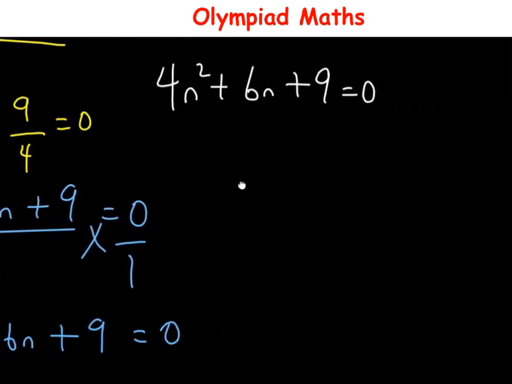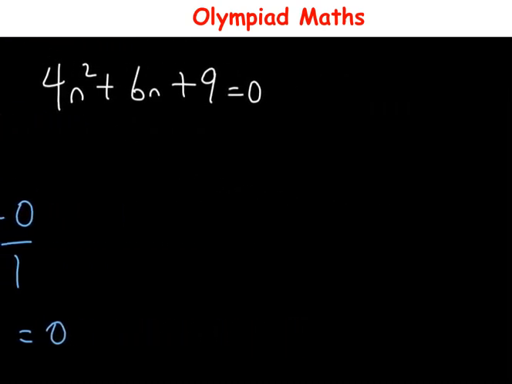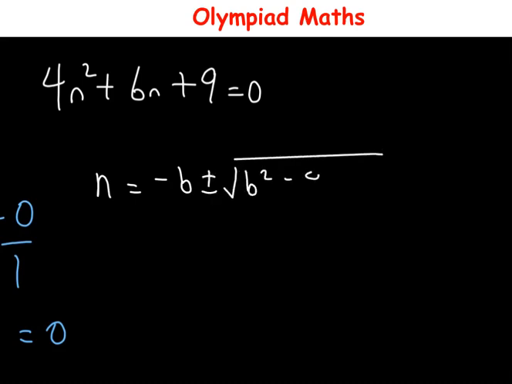To solve for the value of n, we are going to make use of the quadratic formula. With respect to n, the formula is given by n is equal to minus b plus or minus the square root of b squared minus 4ac, all over 2a. In this case, the value of a is the coefficient of n squared, which is 4.